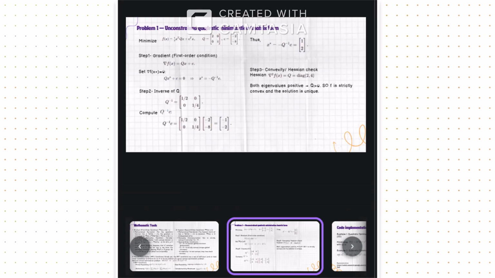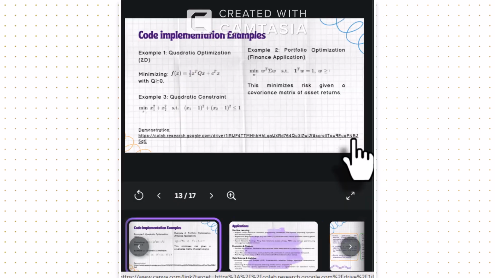First, the gradient of f(x), the first-order condition, is set to 0. The gradient shows the slope of the function, and at a minimum the slope is 0. Then, to check convexity, the Hessian of f(x) is computed. Then the definiteness of Q is checked, whether it is positive definite or positive semi-definite.